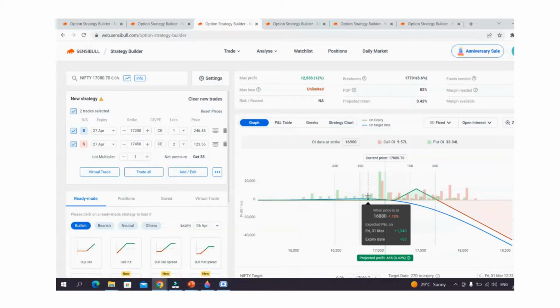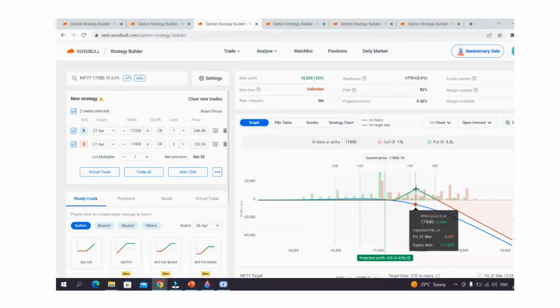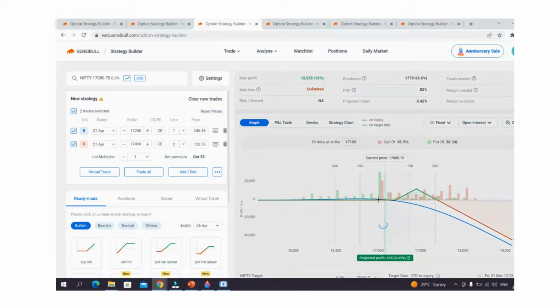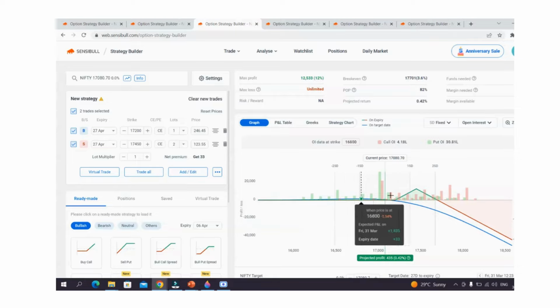So on what view do you go for a ratio spread? Say for example, your view is that after 1 week the market comes to some point from here, and this is the maximum profit zone. It expires somewhere here. That is your view, and you don't want to take a risk if it continues to go down. You don't want to lose money.